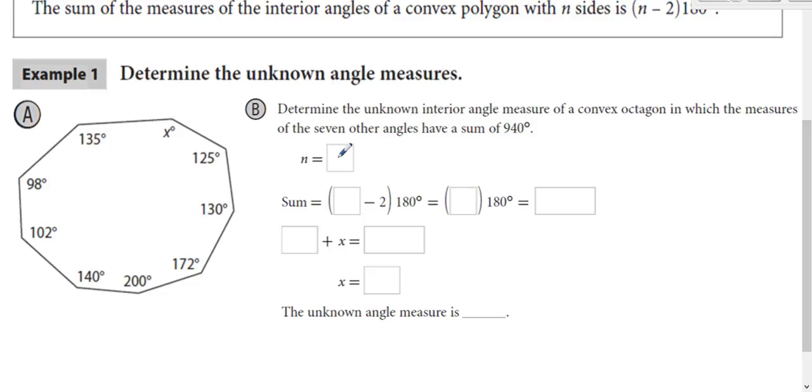First you have to identify how many sides there are, so count them out. 1, 2, 3, 4, 5, 6, 7, 8, 9 sides. Is that right? 1, 2, 3, 4, 5, 6, 7, 8, 9. Yeah.